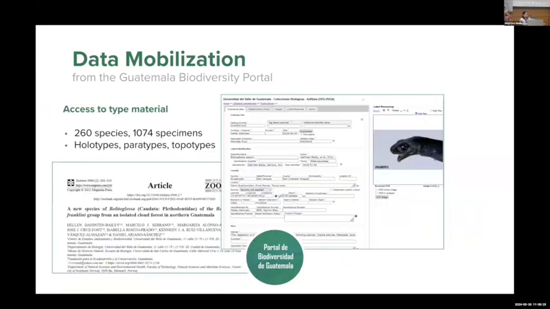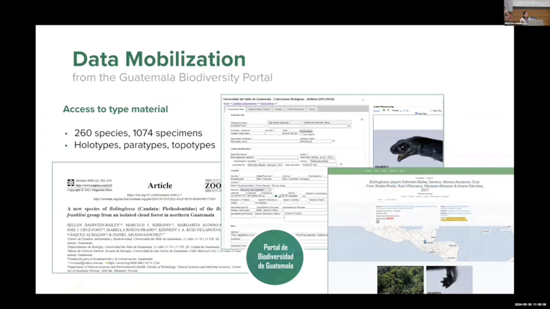And also with new publications, now researchers can digitize, for example, type specimens, upload them directly into the portal and share them immediately in GBIF. So that has made things really easy to share type material. And some collections have made it a priority to digitize types. So we now have more than 1,000 type specimens from the Guatemalan collections.